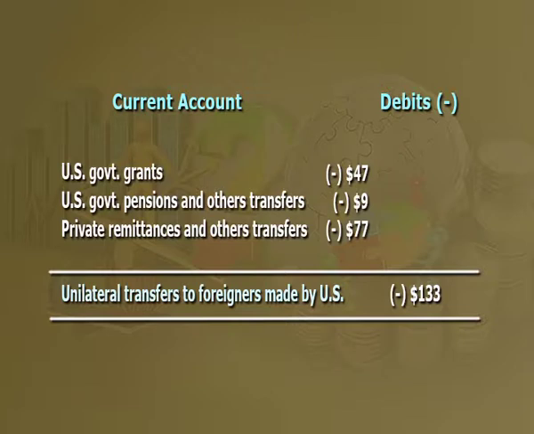Unilateral transfers to foreigners made by the US were minus $133 billion during 2011. This includes net US government economic and military grants to foreign nations of minus $47 billion, net US government pensions and other transfers to foreign nations of minus $9 billion, and net private remittances and other transfers of minus $77 billion.